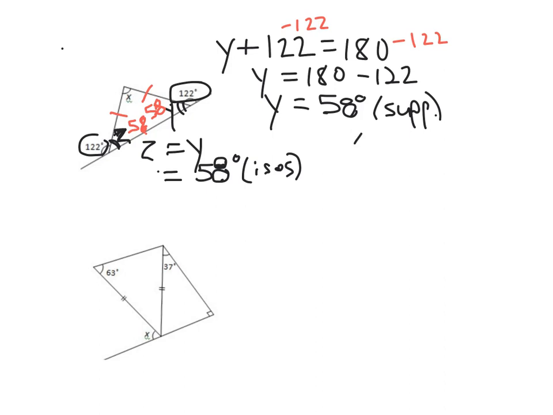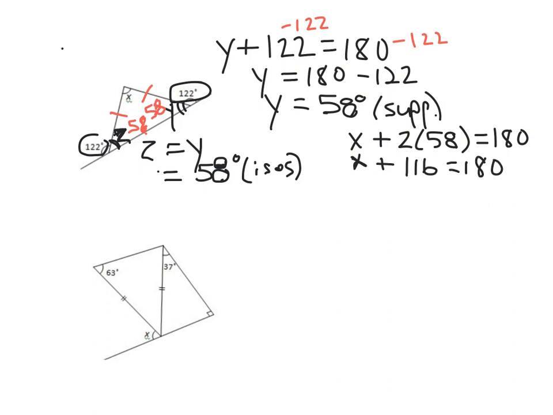So I know that X plus two values of 58 is equaling 180. So I'm going to simplify the 58 times 2, plus 116 equals 180.